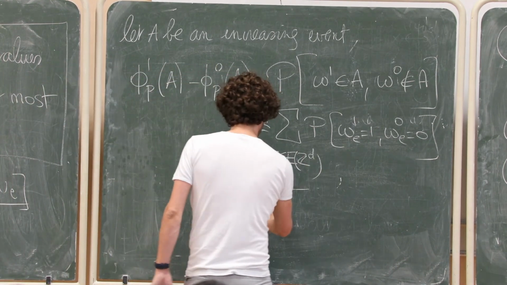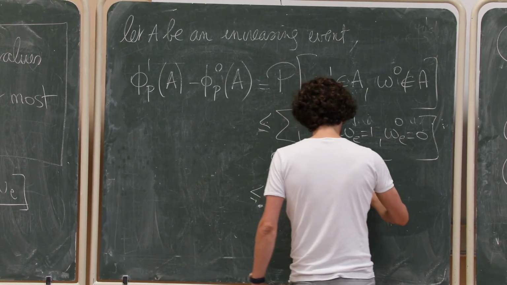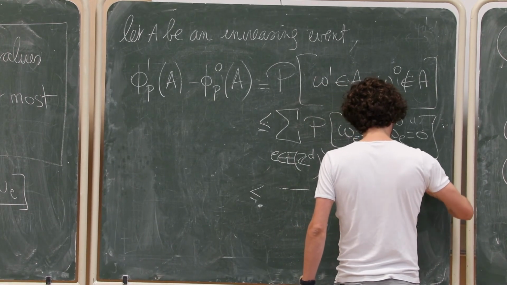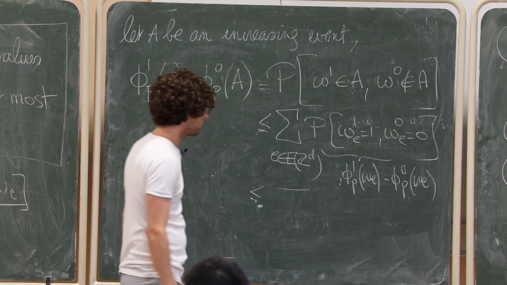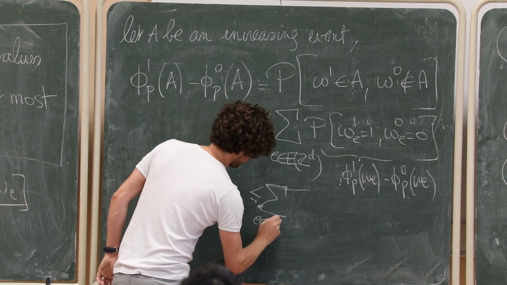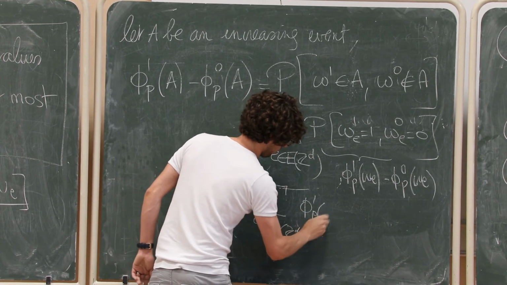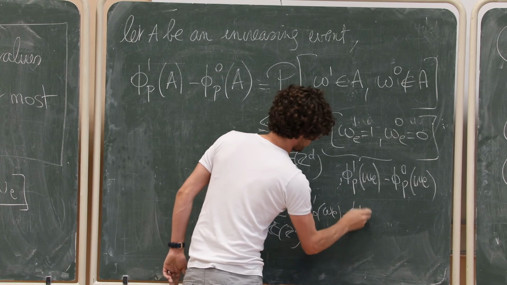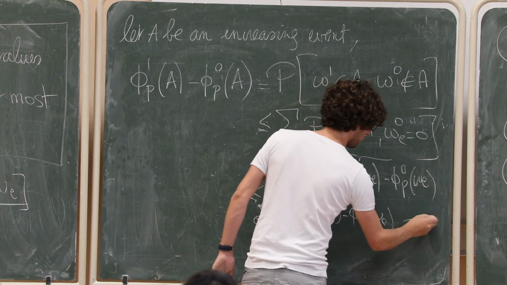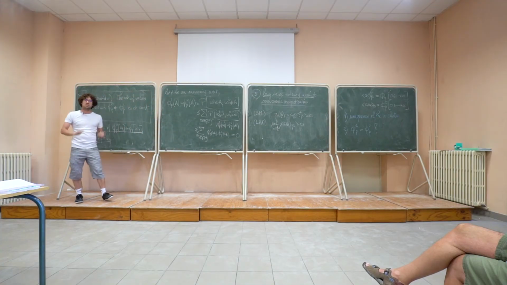But this is just phi 1 p of omega e minus phi 0 p of omega e. So this is smaller than the sum of phi 1 p of omega e minus phi 0 p of omega e. Since these things are equal, it gives me 0. It's a very simple argument. I just wanted to spell it out completely.